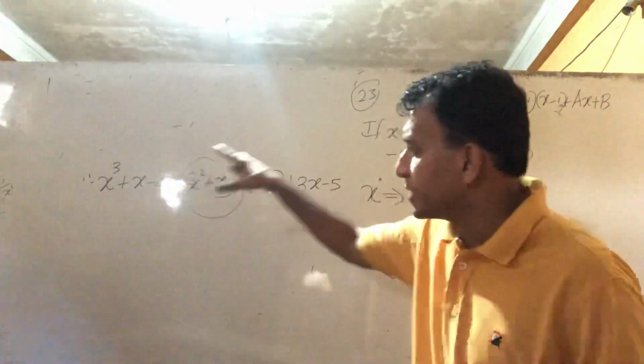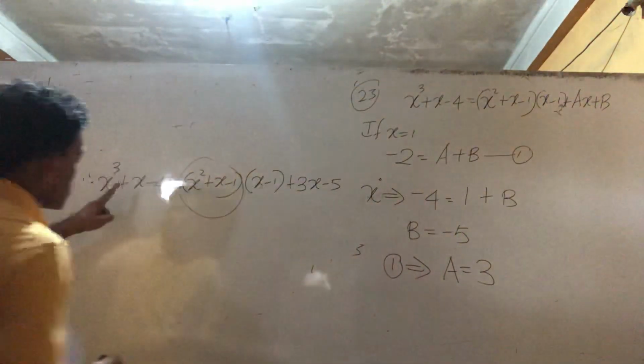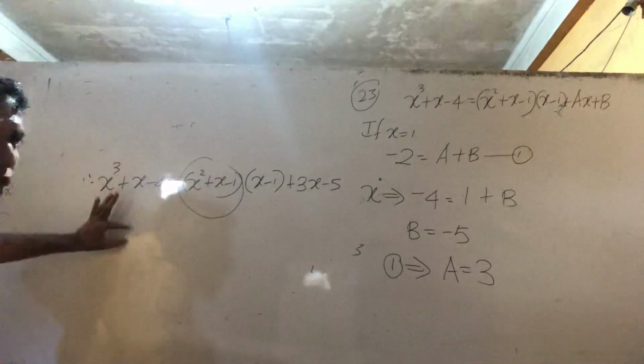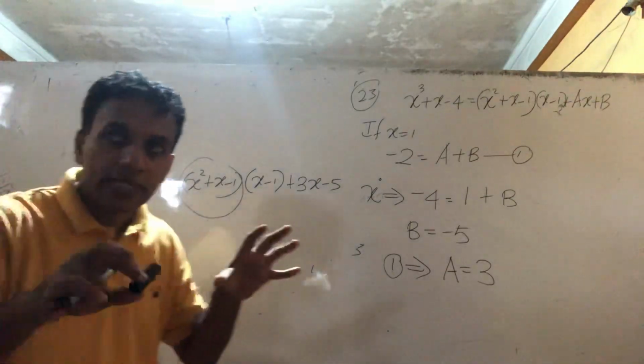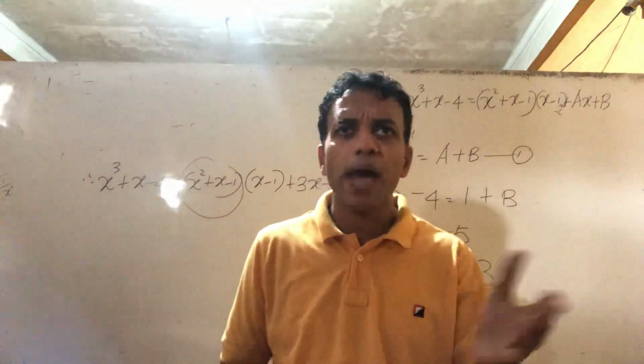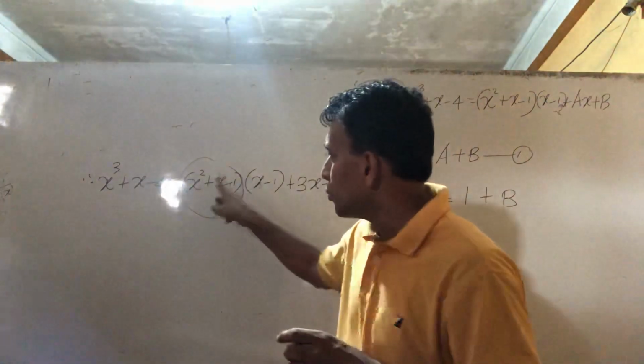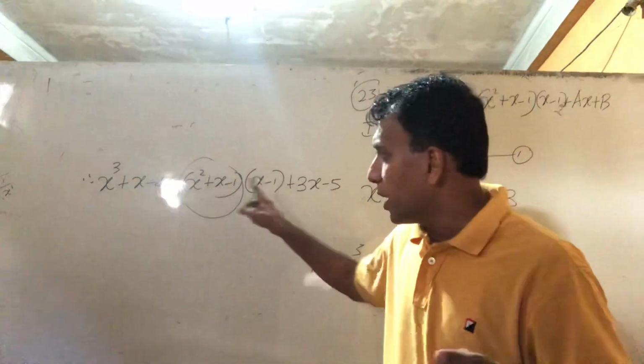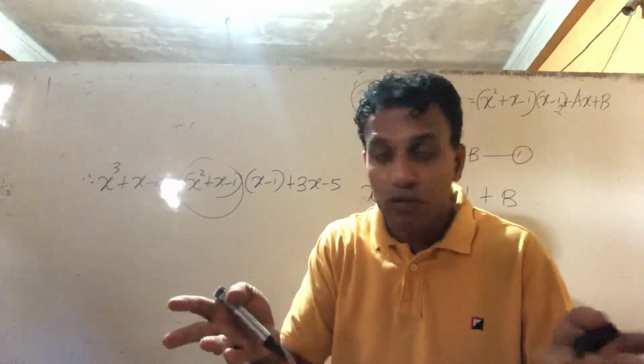They know what the pattern is. See, this one divided by this gives the answer: quotient into divisor plus the balance. Any polynomial can be shown in that pattern, right?